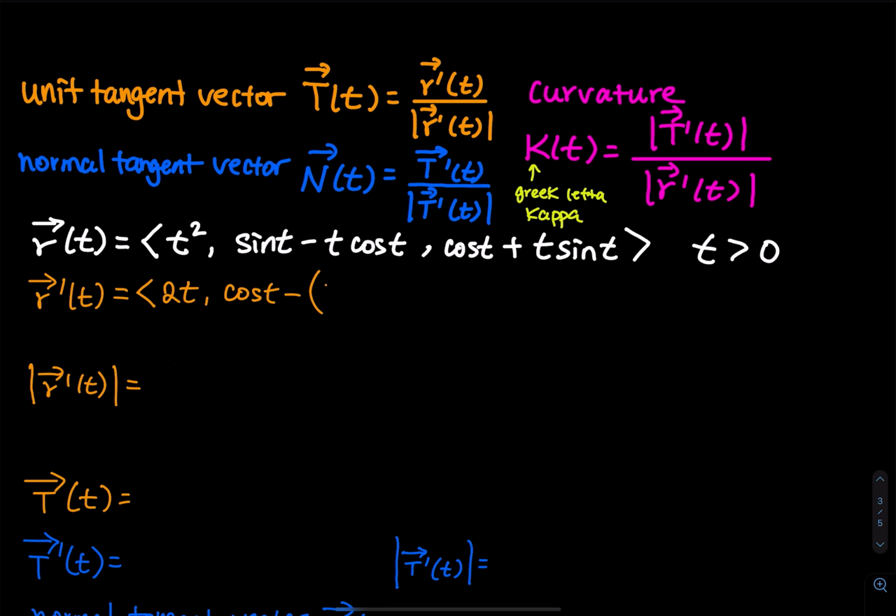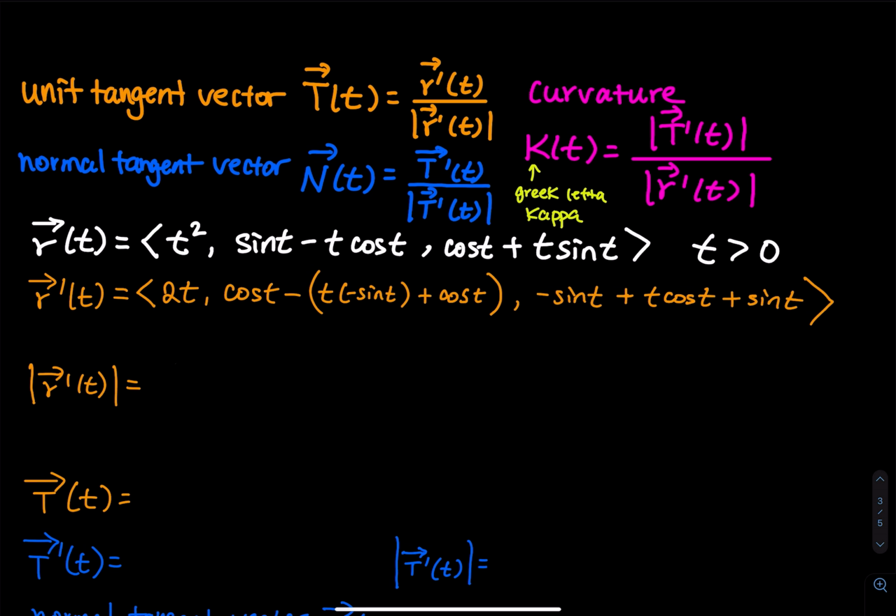So we write t times the derivative of cosine, which is negative sine, plus cosine of t times the derivative of t, which is 1. Then comma, the derivative of cosine is negative sine, plus another product rule: the derivative of sine is cosine, so we have t cosine of t, plus sine of t times the derivative of t, which is 1.